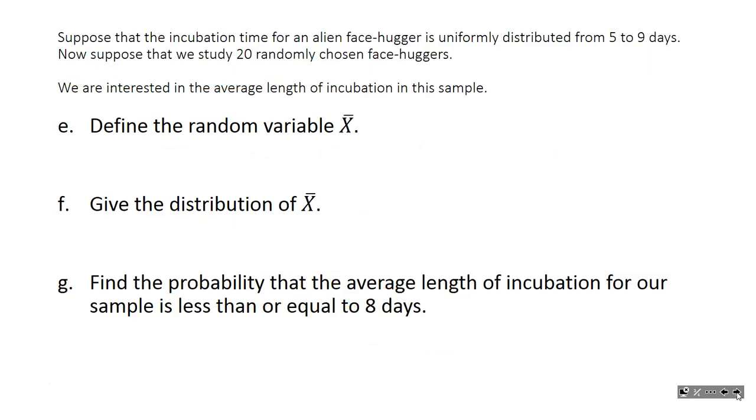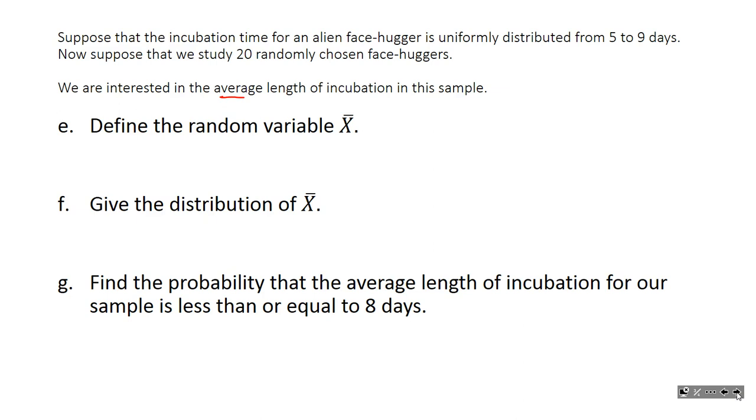Now, to that information that I gave you a moment ago, at the top of the page, let's add this. Let's suppose we study 20 randomly chosen facehuggers, and we're interested in the average length of incubation in this sample. Average is a mean.